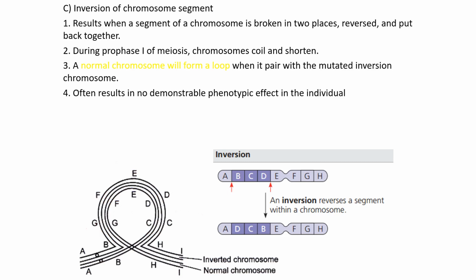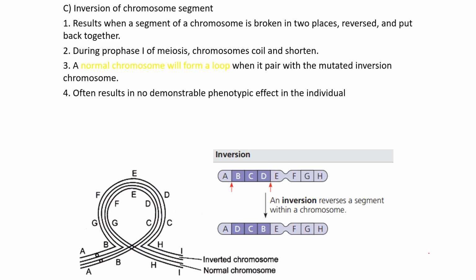It often results in no demonstrable phenotypic effect in the individual. If you recall in the video, an individual who has this inversion of chromosome segment normally doesn't demonstrate phenotypic effect. Phenotypic effect means something that can be observed. So you can't see from the outside that they have this inversion of chromosome segment.